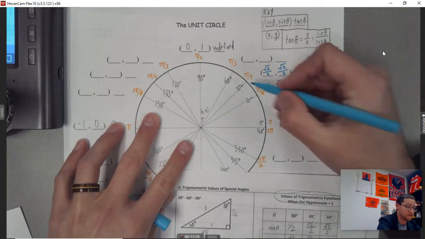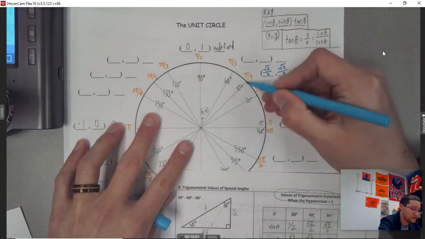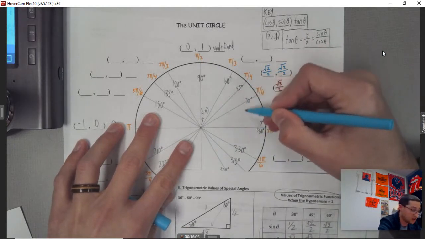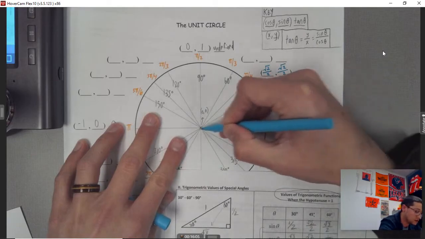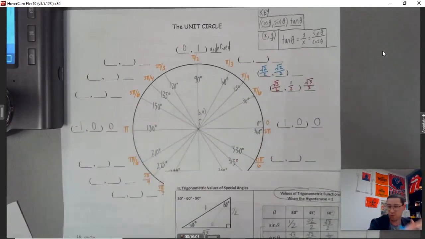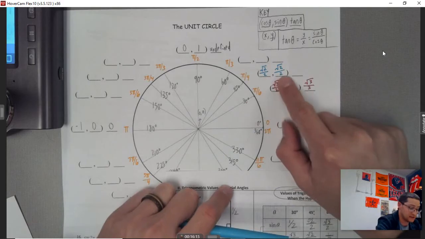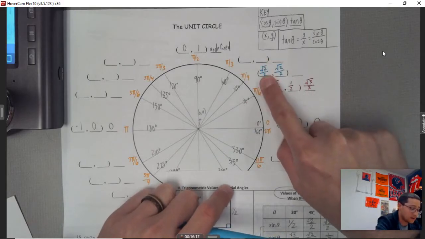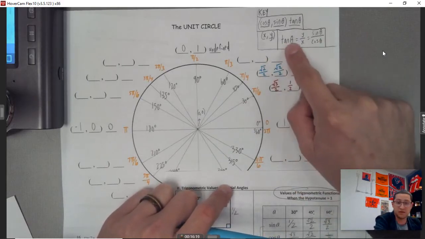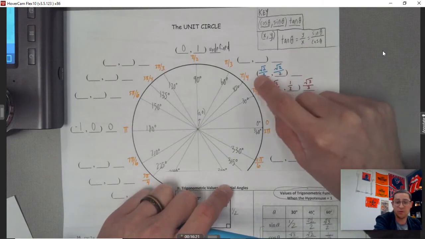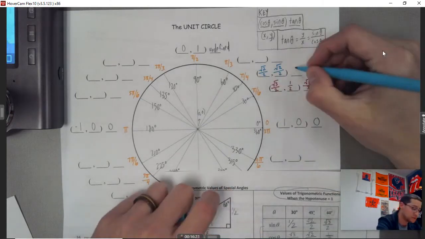If it's a 45-degree angle, this length from here to here is the same as here to here, because it's a 45, 45, 90 triangle. And what's also nice about your tangent is that it's y over x. Your tangent theta is just your y over x. Well, this over this, anything over itself, that's 1.